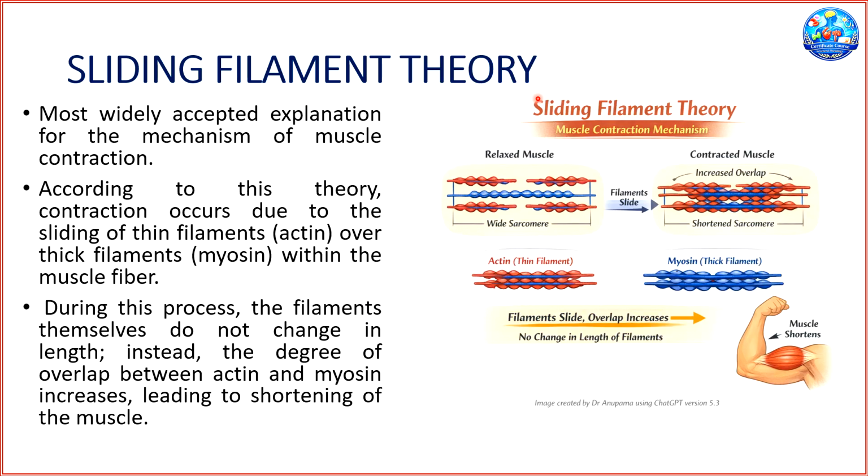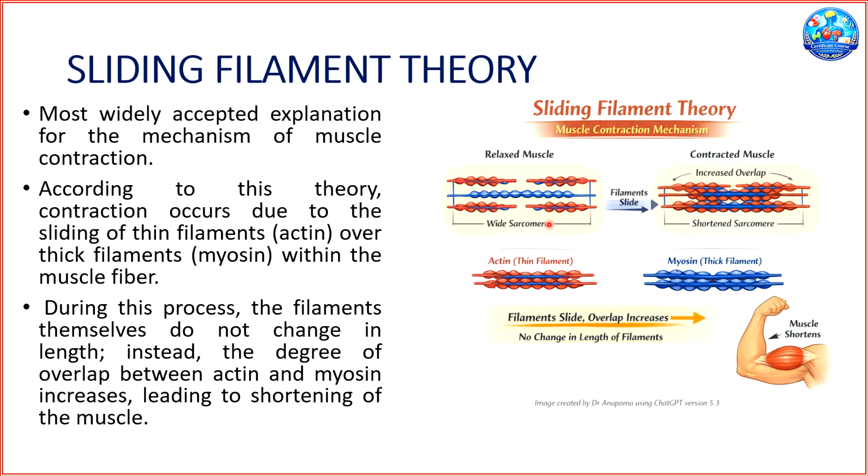Sliding filament theory. This is the most widely accepted explanation for the contraction of muscle fibers. According to this theory, the contraction mainly occurs due to the sliding of the thin filaments, which are the actin filaments, over the thick filaments which are present within the muscle fiber.